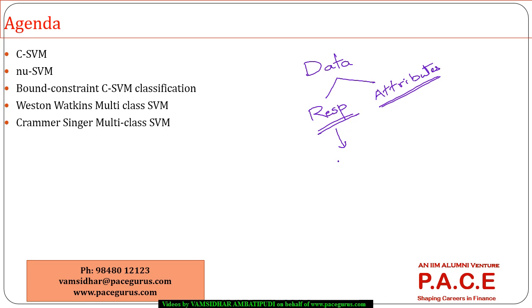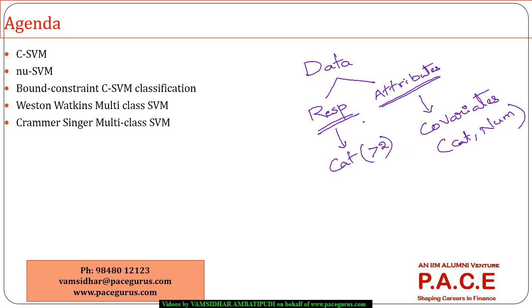And here the response variable is definitely categorical, and that too with more than two categories. Whereas the attributes, or sometimes people call them covariates, may be either categorical or numerical in nature, whatever it is.